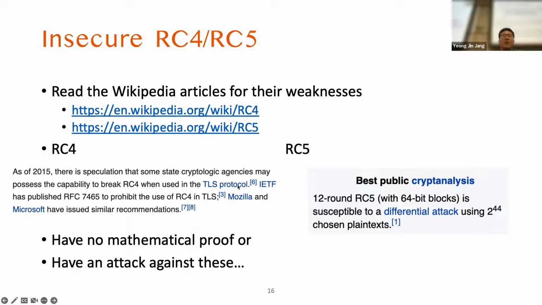We will learn about the TLS protocol later in the course. TLS means Transport Layer Security, and it is used by default whenever you connect to a website. That means some state cryptologic agencies can decrypt whatever message you are securely communicating with Facebook or Gmail servers. So it seems very dangerous.